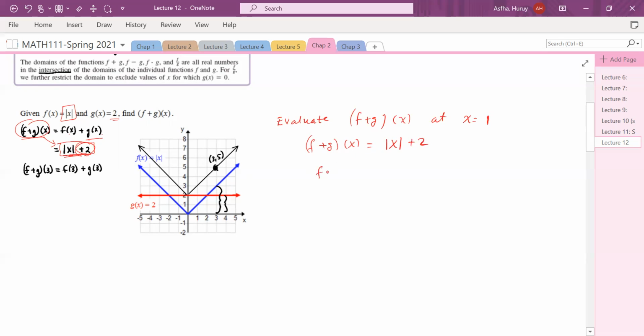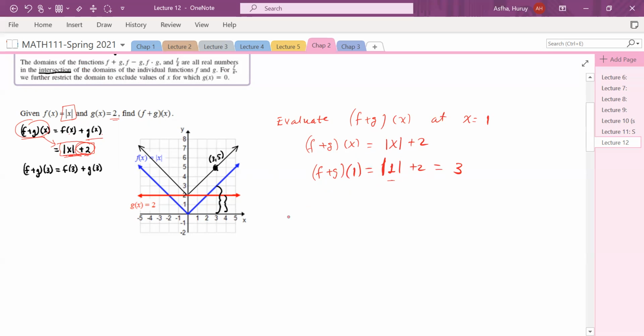Therefore, (f plus g) of 1 is absolute value of 1 plus 2, which is 3, because this is positive 1.